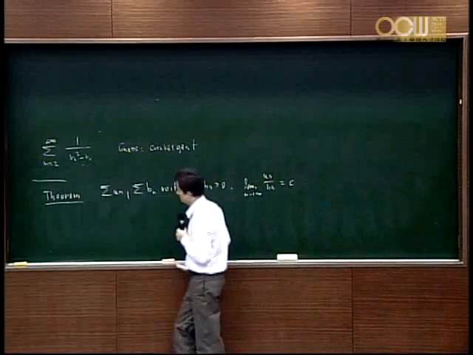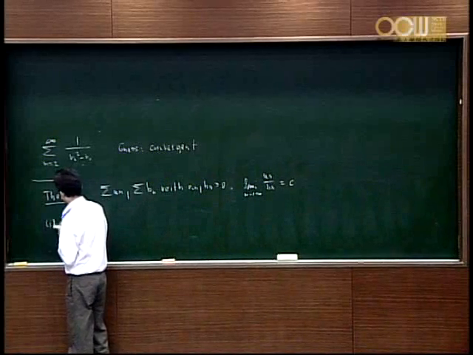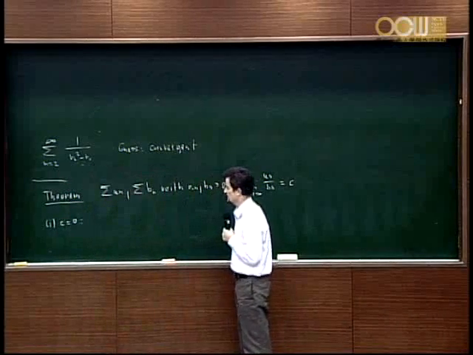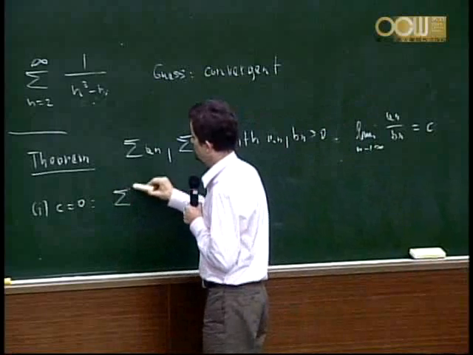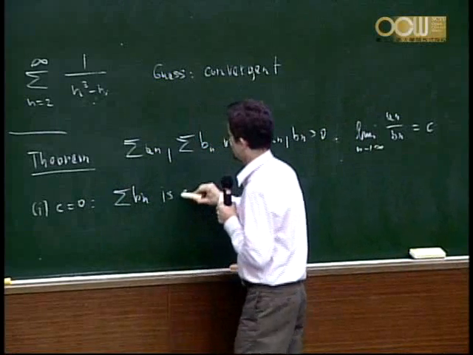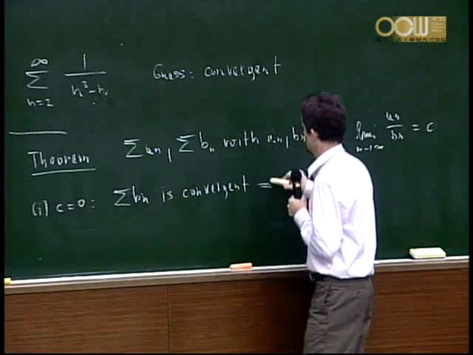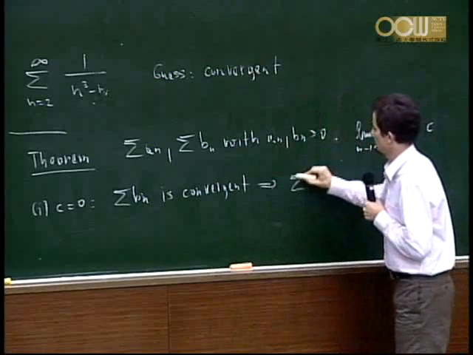Now, if c is equal to 0 and you know that this series is convergent, then this series will be convergent as well.